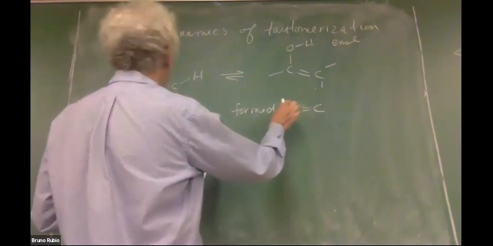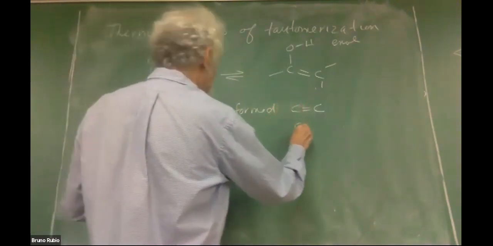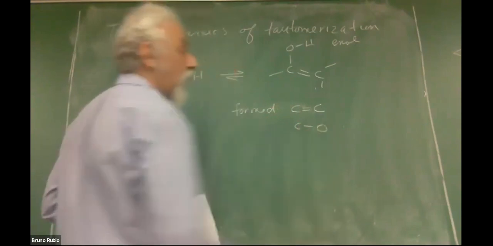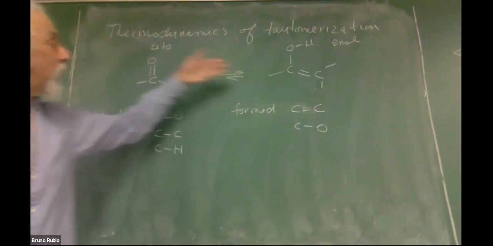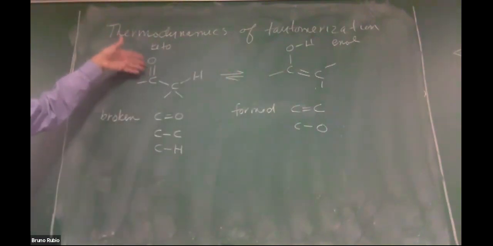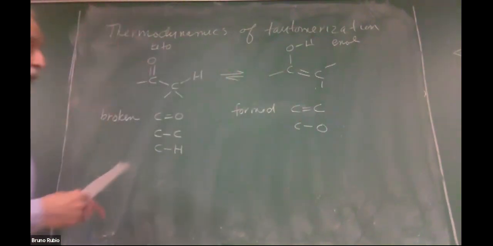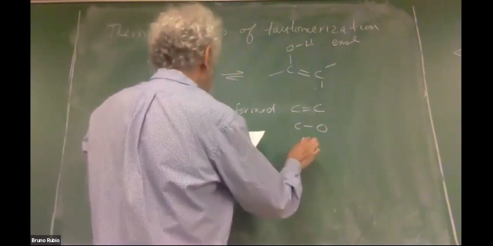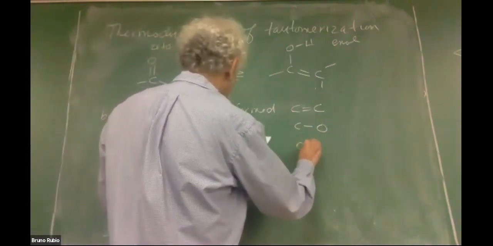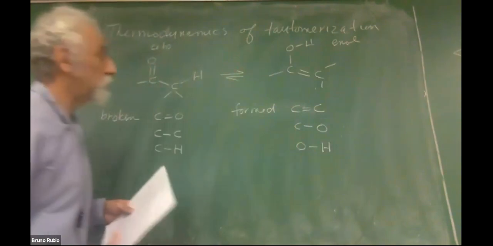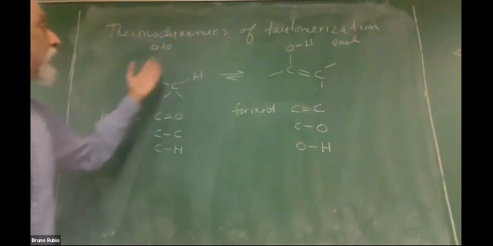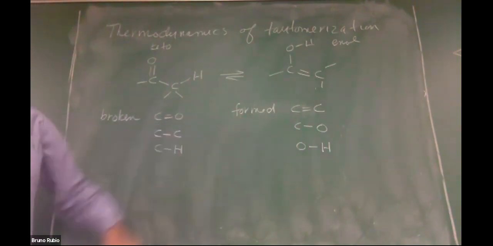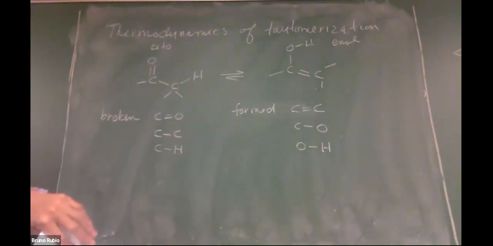What other bond was formed? Oh, a carbon-oxygen single bond was formed. I see a carbon-oxygen single bond here. I don't see a carbon-oxygen single bond here. I see a carbon-carbon double bond. What else happened? Well, I also formed an oxygen-hydrogen single bond. And once again, I see an oxygen-hydrogen single bond here. I don't see one here. So those were the bonds that were formed, and those were the bonds that were broken.